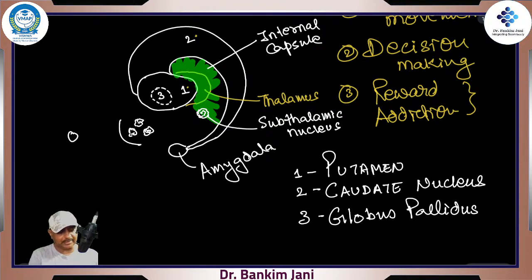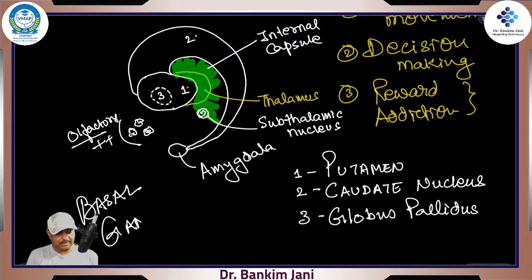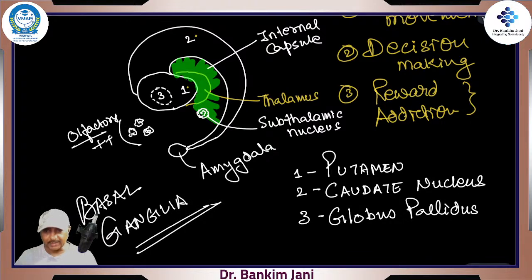So I just write olfactory, ventral pallidum. These are the names, but right now it's sufficient. And then this is the amygdala we talked about. So these are collectively called the basal ganglia, and all of them are supplied by this anterior choroidal artery, right? So that's the reason it is so important.